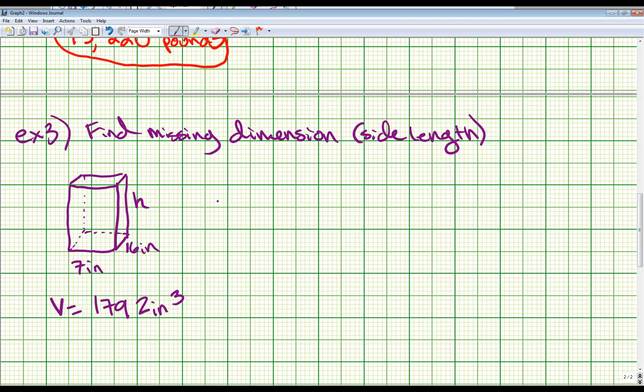So first thing we're going to do is write an equation that we could use to find this. So our equation, instead of having V equals, we actually know the volume. So we're going to put the 1,792 in the front and our equal sign.